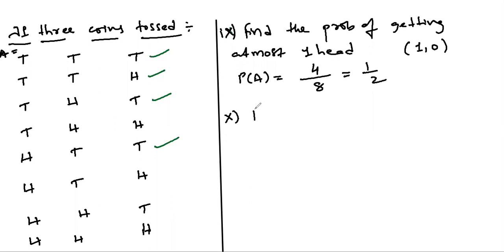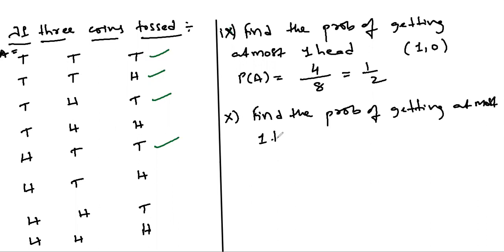Next, find the probability of getting at most one tail. So that is also 1 comma 0. 1 should be the highest.